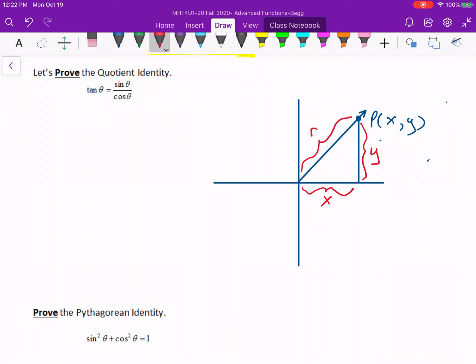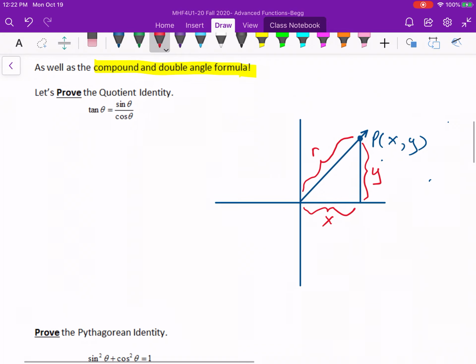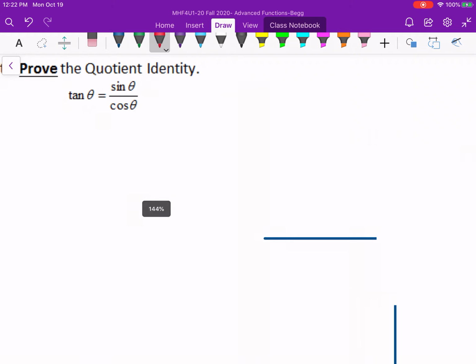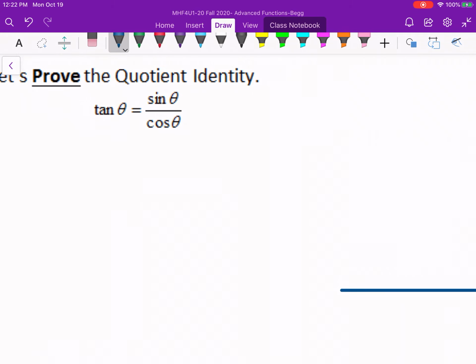We call that r because we could make a circle by just rotating that terminal arm around 2 pi radians, or 360 degrees. And that would be the radius. So we've used the letters x, y, and r before. Let's show how we can use them, though, to prove that tan theta equals sine theta over cos theta. So our technique is always to work on one side or the other.